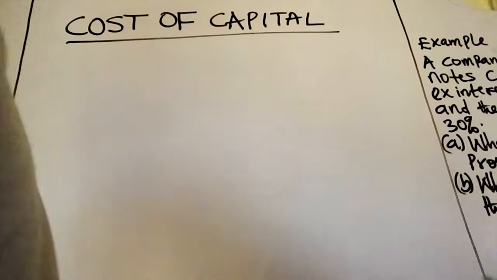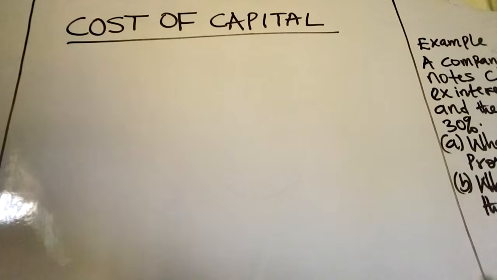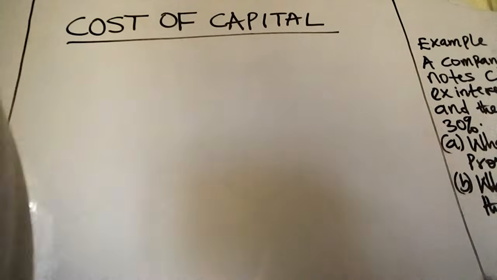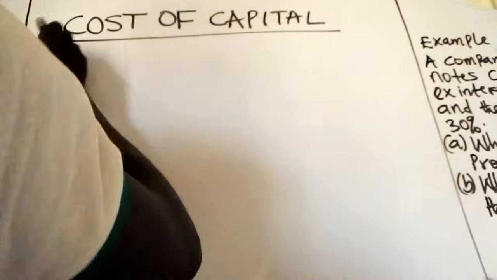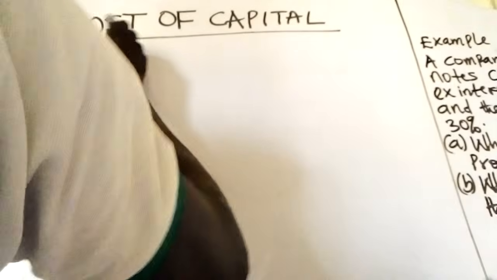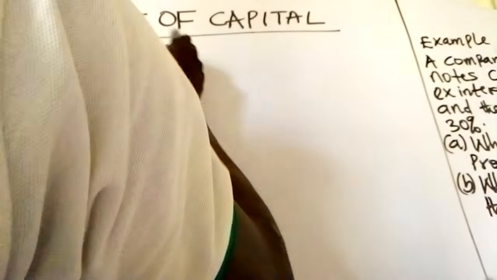So I'm starting with the cost of preference shares, cost of irredeemable preference shares.